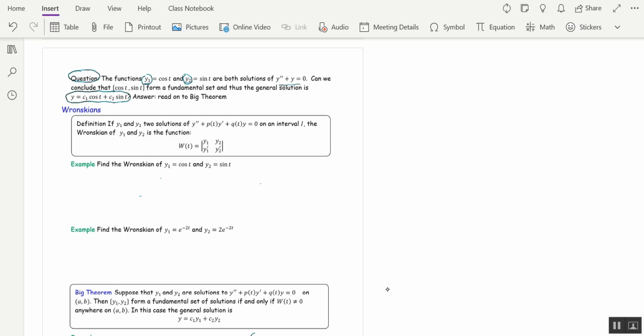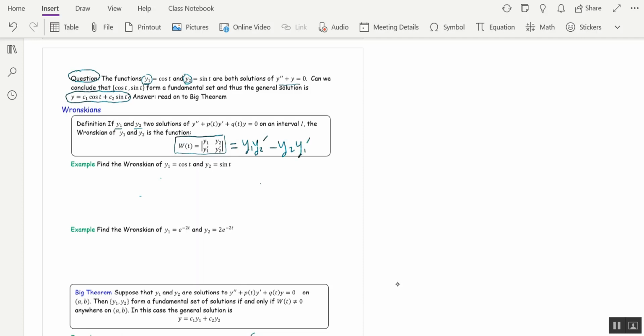So if you have two solutions, y1 and y2, the Wronskian of those two solutions is the determinant of this matrix. It's this right here. Those straight bars mean determinant. And how you compute a determinant is you take the product on the main diagonal, y1, y2 prime, and you subtract the product on the non-main diagonal, y2, y1 prime.